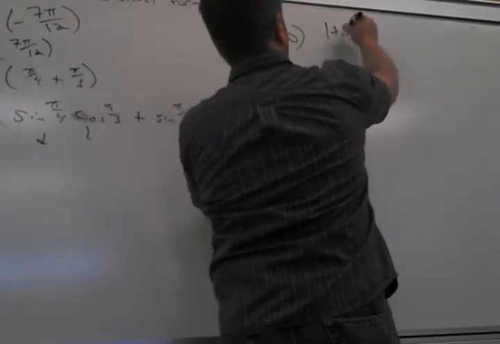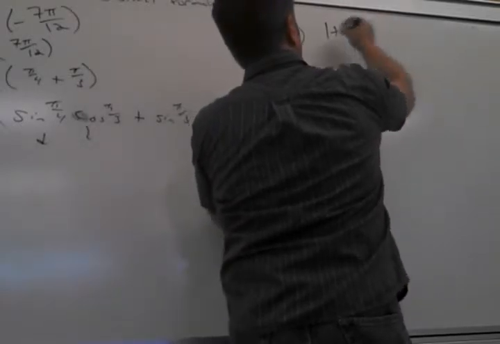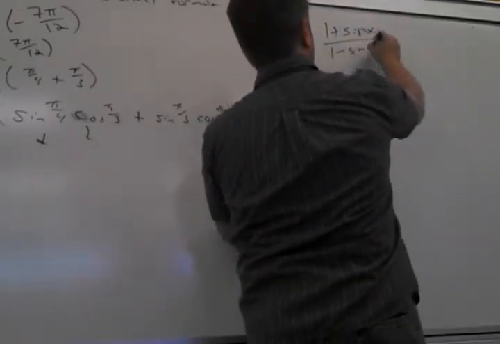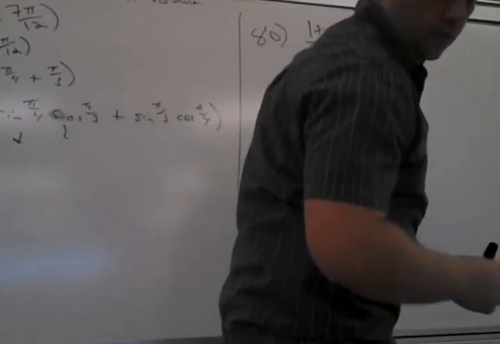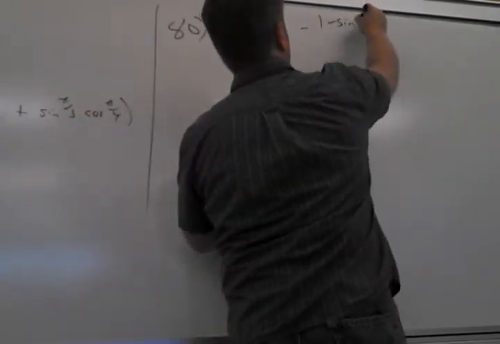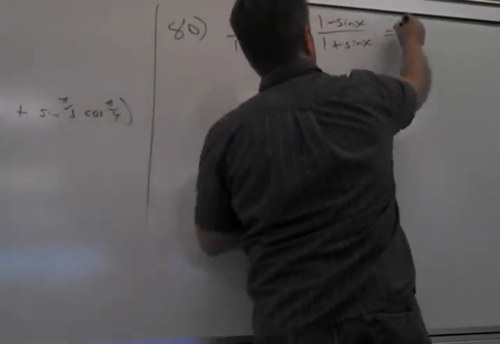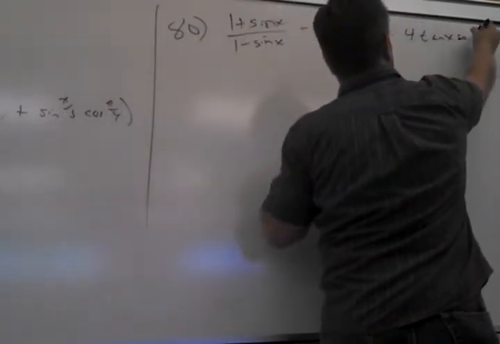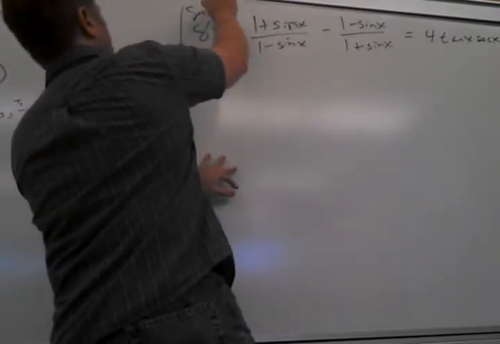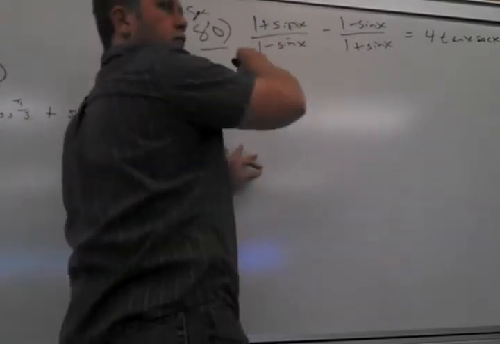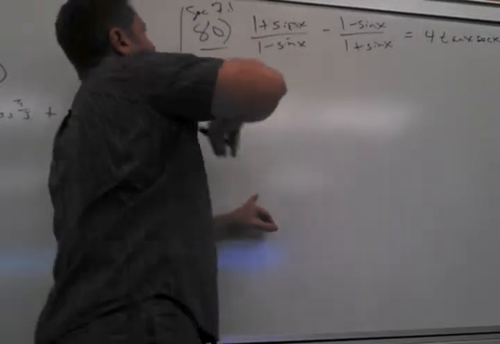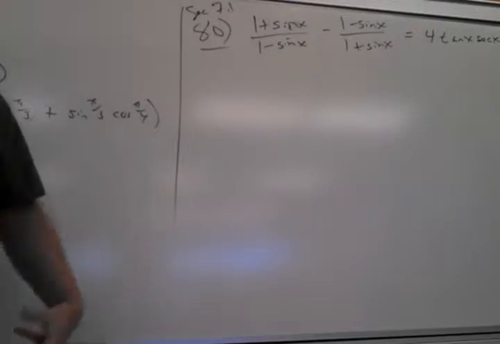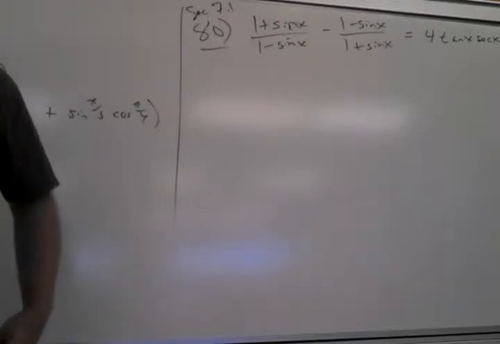So number 80, section 7.1. This one here, right? Some of these are pretty straightforward as far as what to try. So is there anything really obvious when you compare the forms of the two sides?